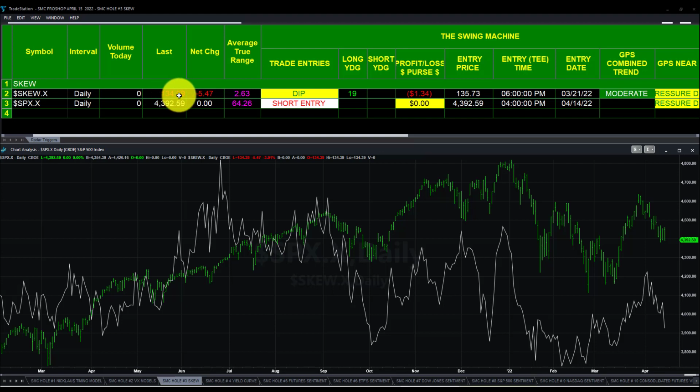When we get a skew reading, and it's also an inverse product, but when we get a really high skew reading, and the market is really high at the same time, it can indicate a tremendous move down. And it did so over here and over here and over here. This is the S&P chart that we have underneath.